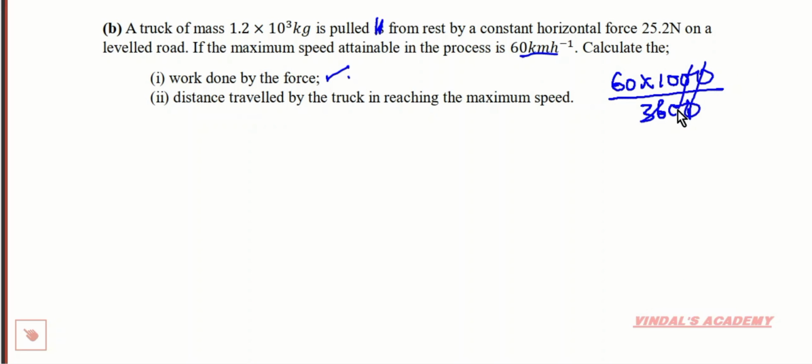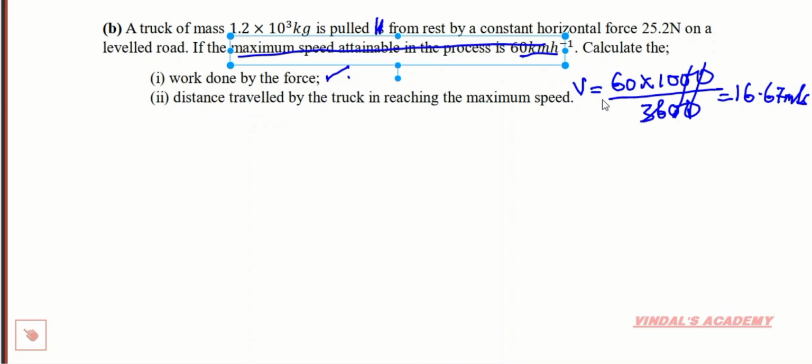If you cancel these, 600 divided by 36, we are going to have 16.67 meters per second. That is my final velocity, because they say the maximum speed, which is the highest speed, the final speed.